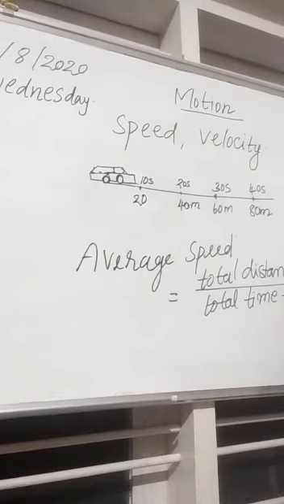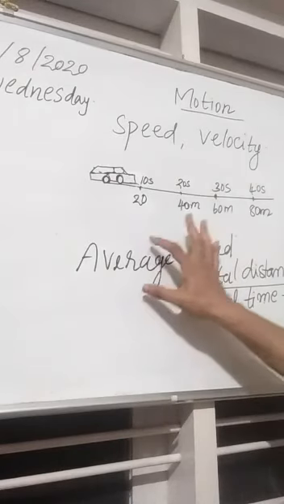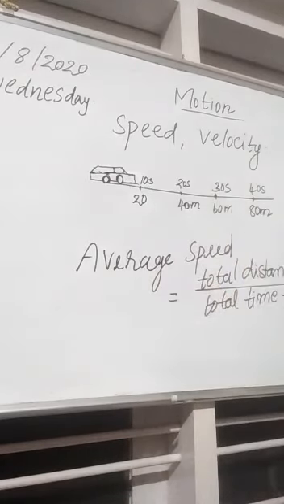That is known as average speed. And average velocity means total displacement by total time taken. That is average velocity, which we will discuss later. And average speed you have to learn now.